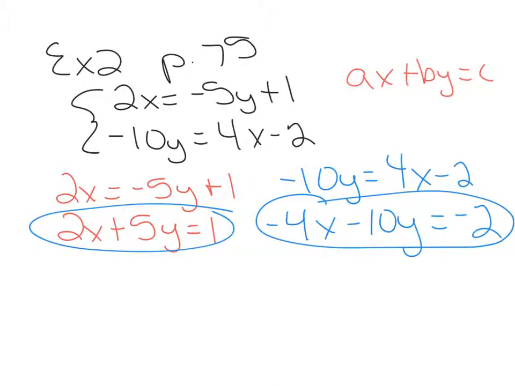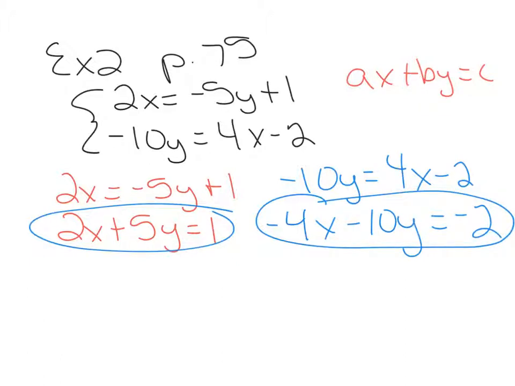Now, to manipulate these, I'm going to use multiplication. I cannot make a bigger coefficient into a smaller coefficient with multiplication. I can only make the smaller into the bigger. So I can make this 2 into a negative 4 or a positive 4. I need a positive 4 to eliminate with that one really easily, just by multiplying by 2. I can also make this 5 into a positive 10, and it doesn't matter which one you choose to do.